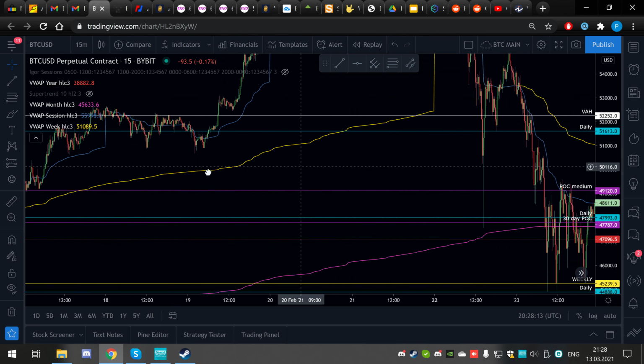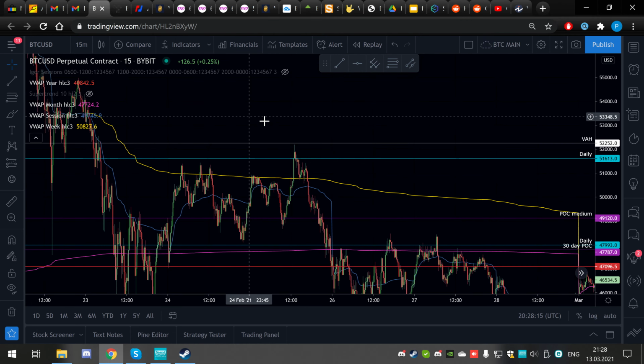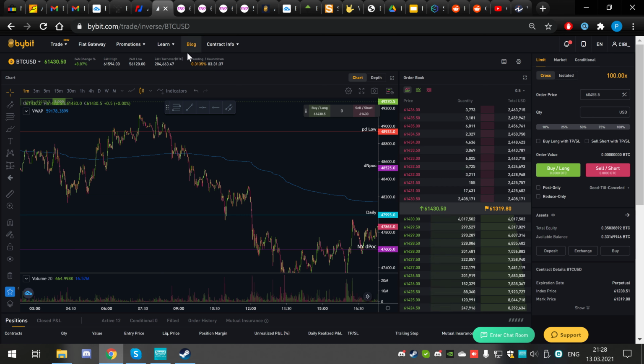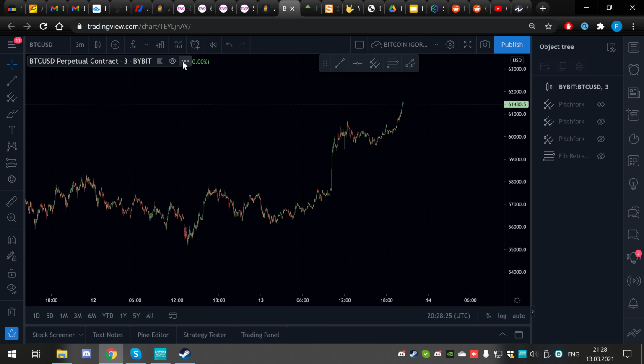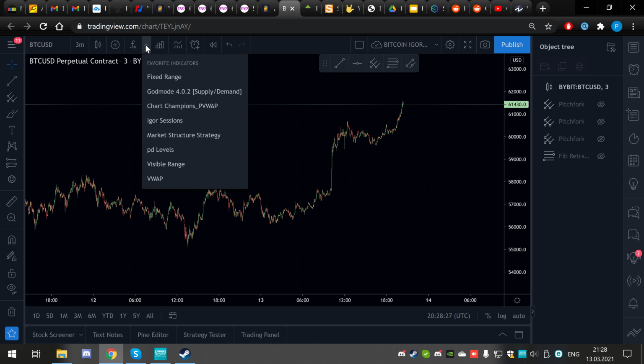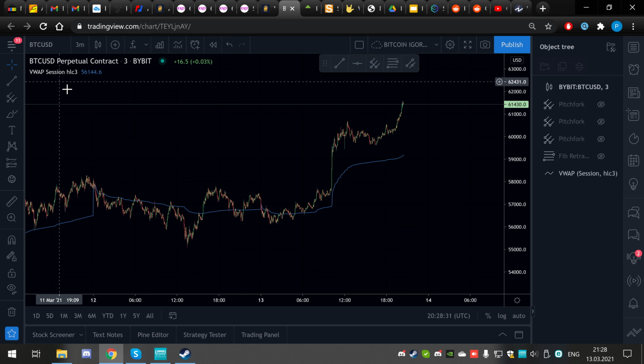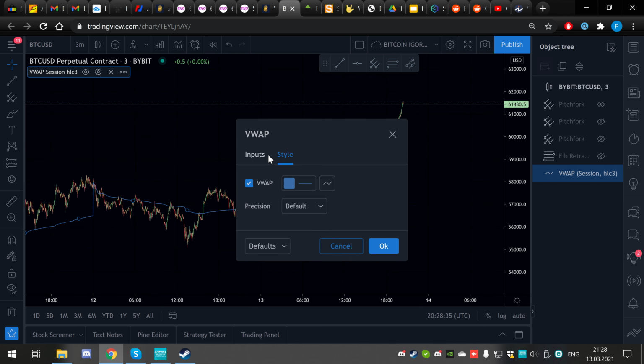Okay, and then I have monthly VWAP. We can show monthly VWAP on a much cleaner chart, so you can see the reactions. Also, you said how you want to see the VWAP.